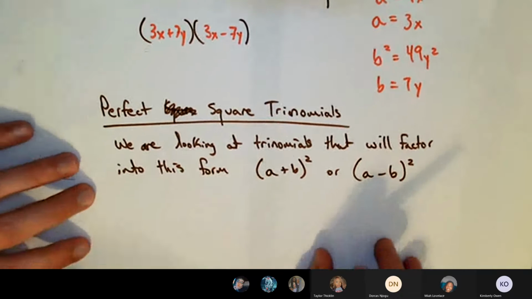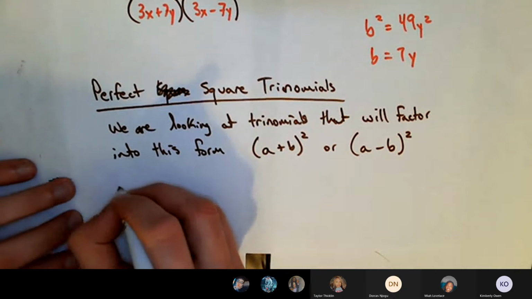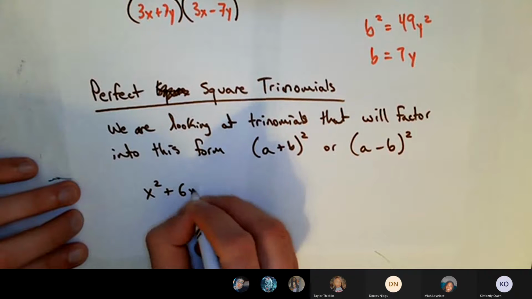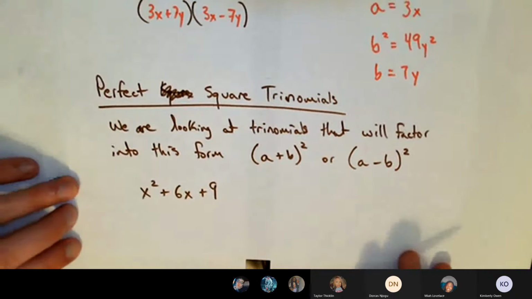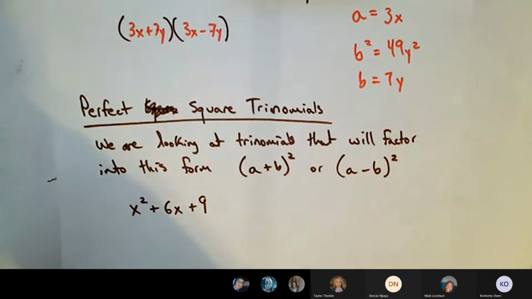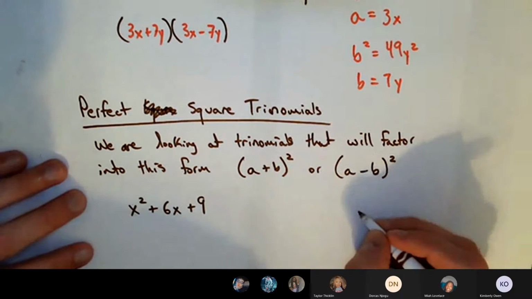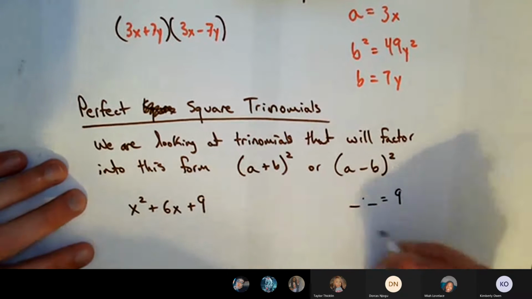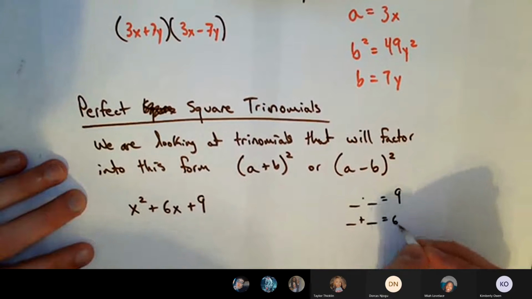So what are these going to look like? For example, consider x squared plus 6x plus 9. If we went about this the traditional way, we say two numbers that multiply to give 9 and add to give 6.